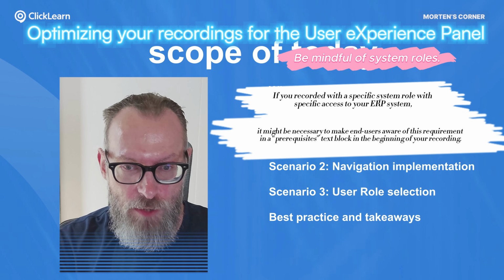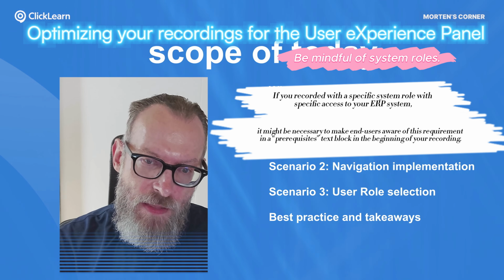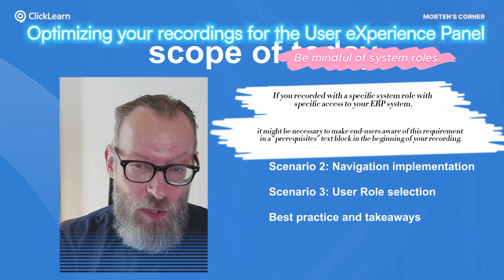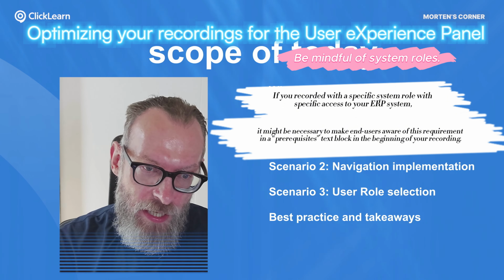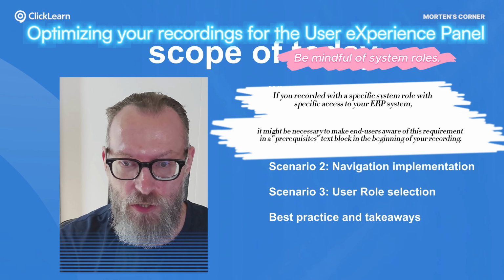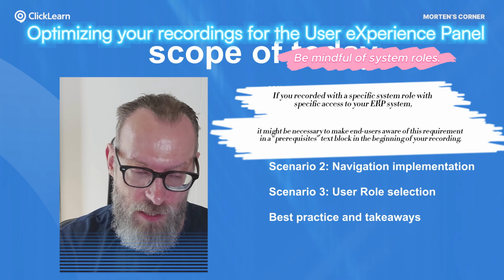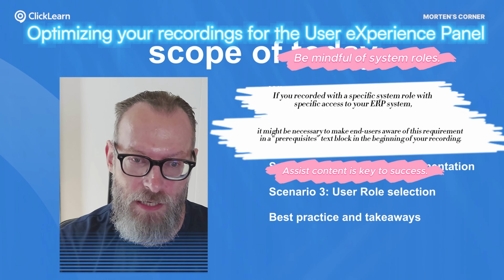If you recorded with a specific system role with specific access to your ERP system, that might be necessary to make end users aware of these requirements in the prerequisites text block in the beginning of your recording, or you map it out correctly, right? So you do the mapping like we just discussed, where you map the system roles. Assist content is a key to success.